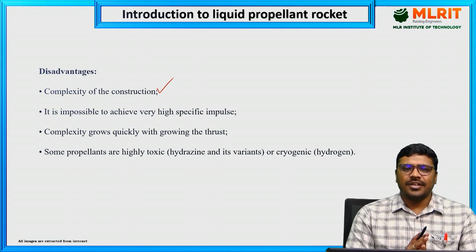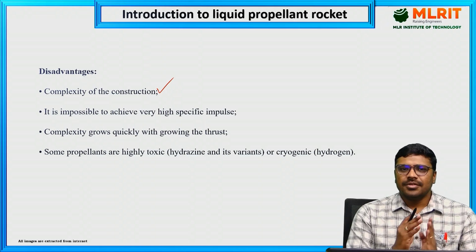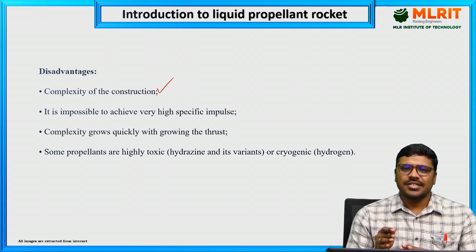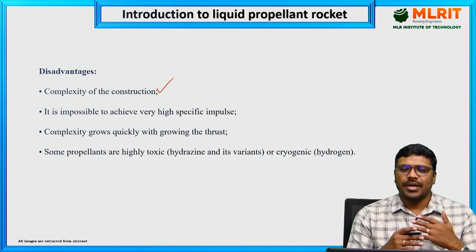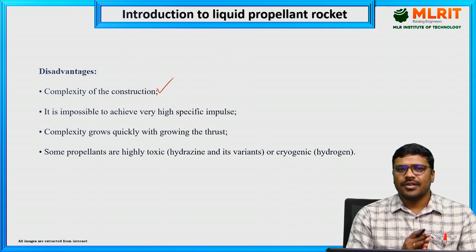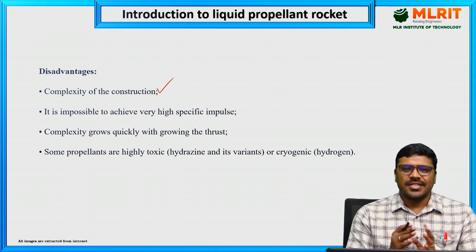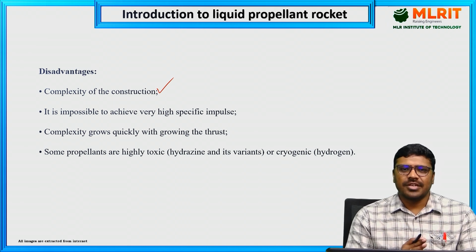After that, we have to pump the propellant from the tanks to the thrust chamber with the help of a pumping system, so we have to design a good pumping system. After that, the propellant has to be injected into the thrust chamber effectively. Only then does the combustion happen efficiently. So all these complexities are involved in designing a liquid propulsion rocket system.